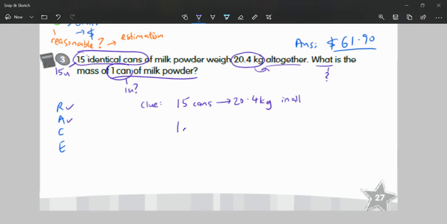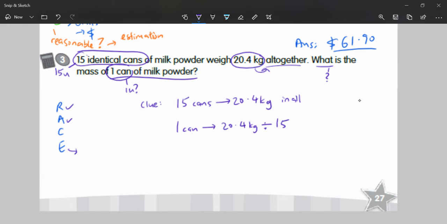Looking for 1 can, so I'm using division. 20.4 kilograms divided by 15. At this point, the units referred to in the question, talking about mass and asking for kilogram. There's no final part that asks you to show your answer in grams or kilograms, so that does not matter.